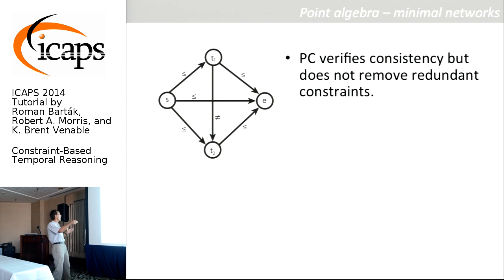So for example, if I take this path, S, T1, and E, I have smaller or equal, smaller or equal. If I combine them together, I obtain smaller or equal. And that's the relation between S and E, right? So it's there. If I take this path, T1, T2, and E, it's smaller or greater, smaller or equal, meaning yes, that's still okay.